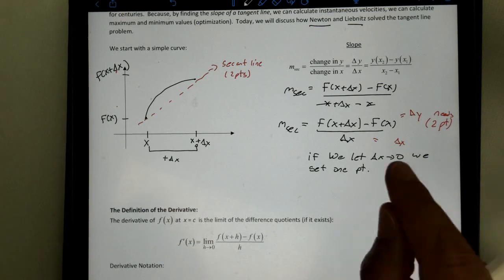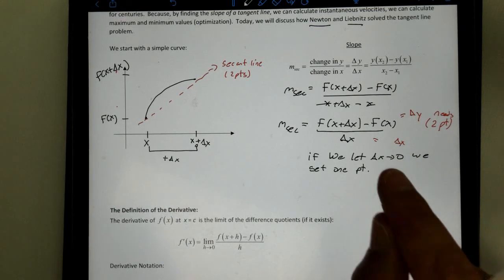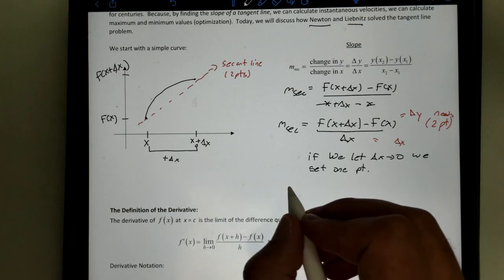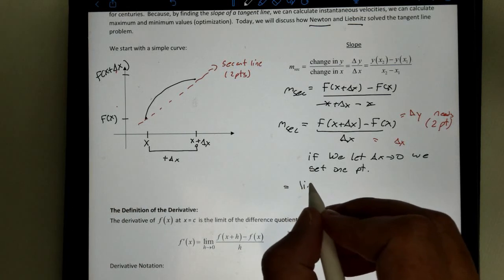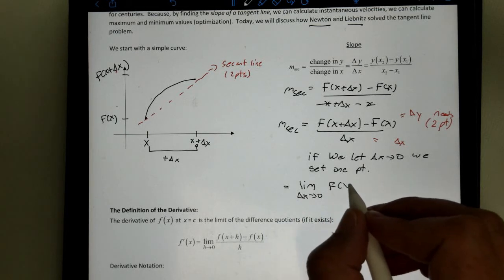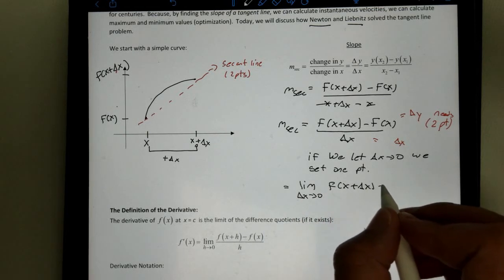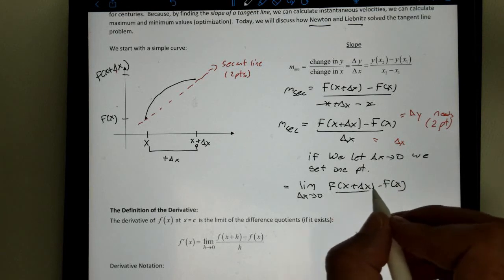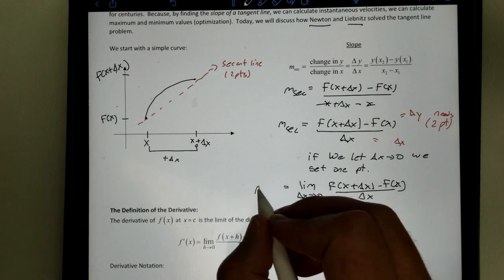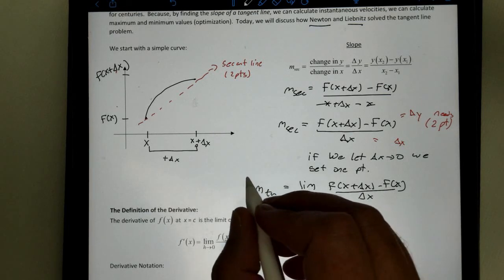However, there is something that allows us to let delta x go to 0 without us actually doing it, and that's a limit. And that's what they did. They just took the limit as delta x goes to 0 of f of x plus delta x minus f of x over delta x. And that is how we get the slope of a tangent line.